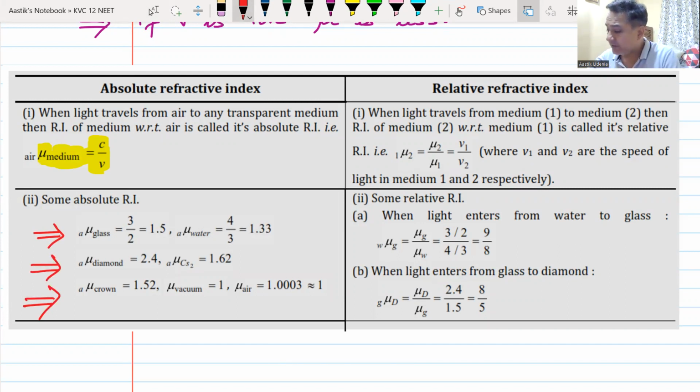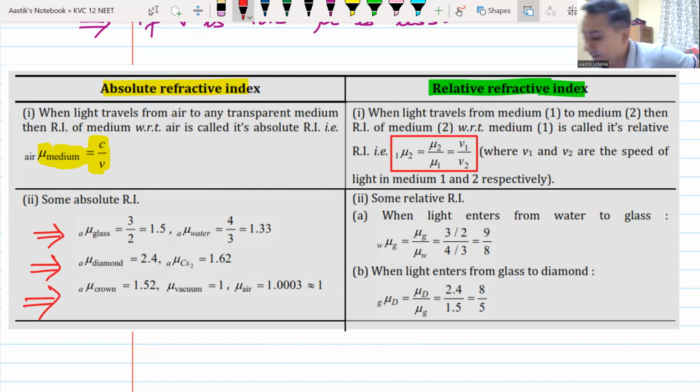Then it is relative refractive index. When we are comparing the refractive index of two media with respect to each other, this is the term that we have seen. Mu of 2 with respect to 1 is mu 2 by mu 1, which is V1 by V2. Do we remember this? Yes or no? Okay.